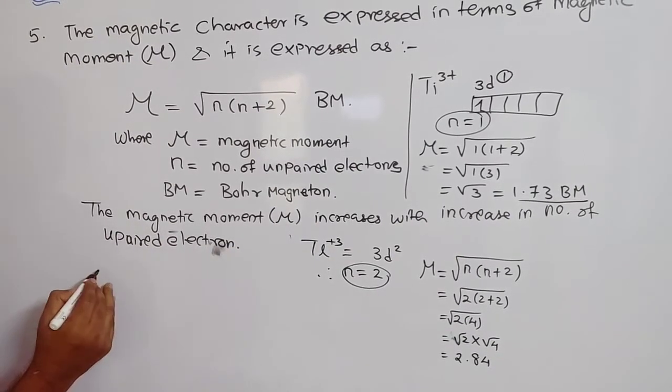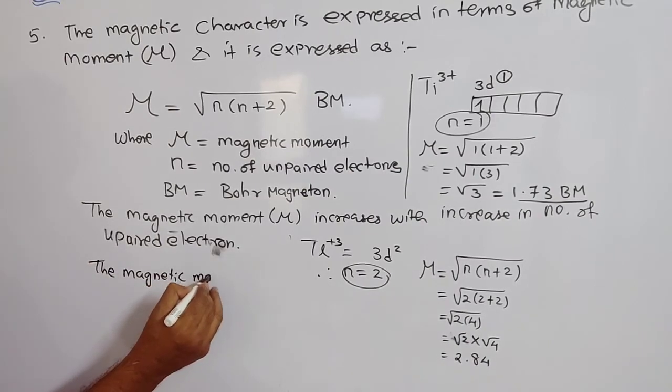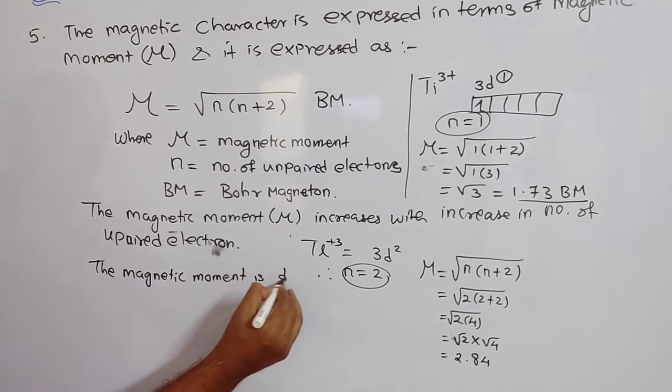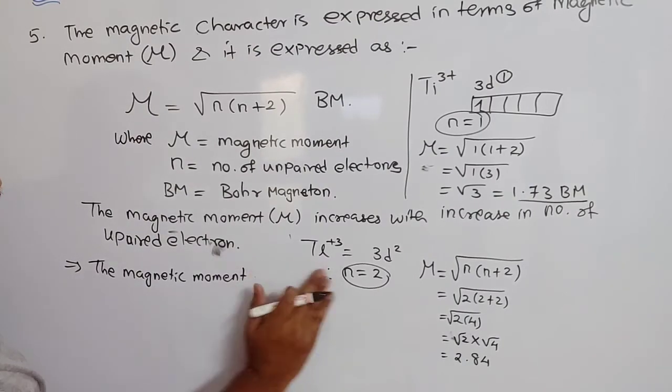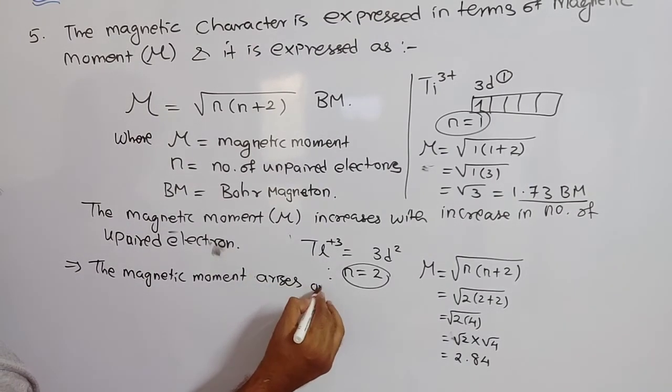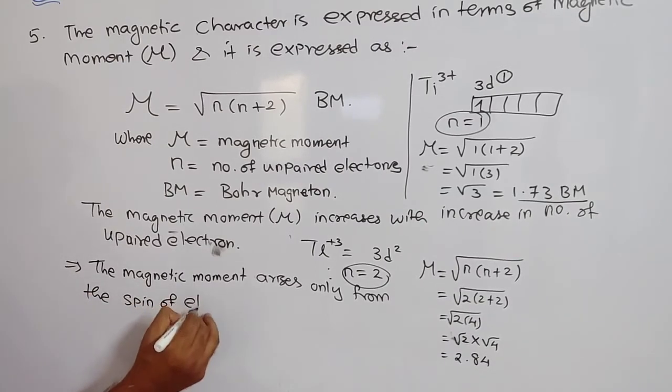You can write it down as a note: the magnetic moment arises only from the spin of the electron. Clear? The spin of the electron. Understood this part? So don't forget this.